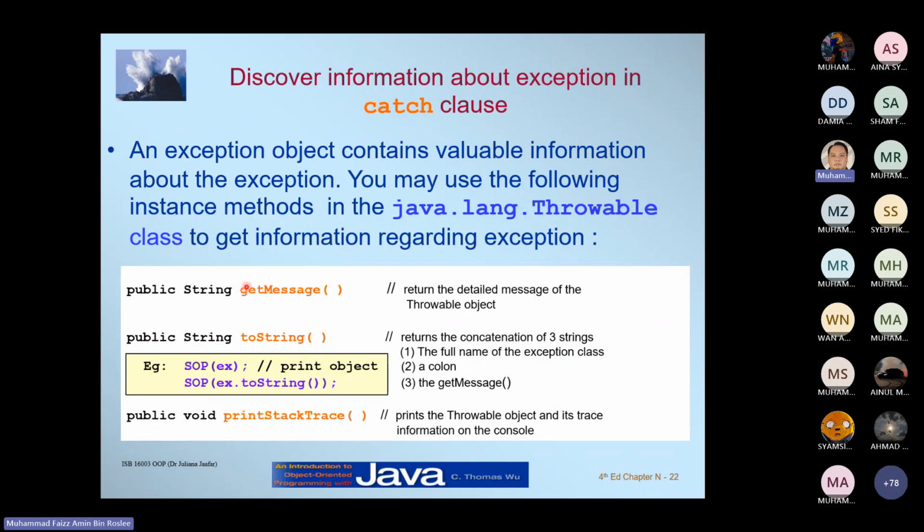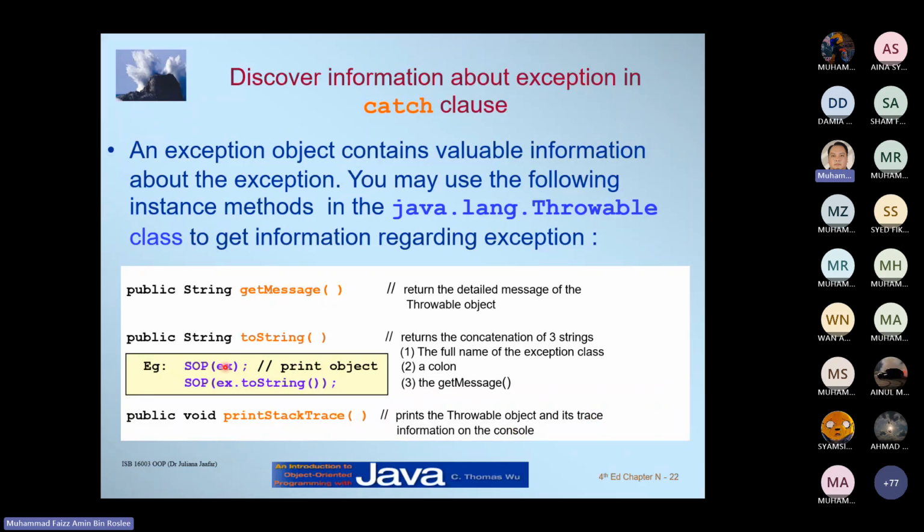For example, e.getMessage will return the detailed message of the Throwable object. Or you can use e.toString, which will return the concatenation of three strings: the full name of the exception class, a colon, and the getMessage itself. Or you can use e.printStackTrace. Okay, it will print the Throwable object and its trace information on the console.